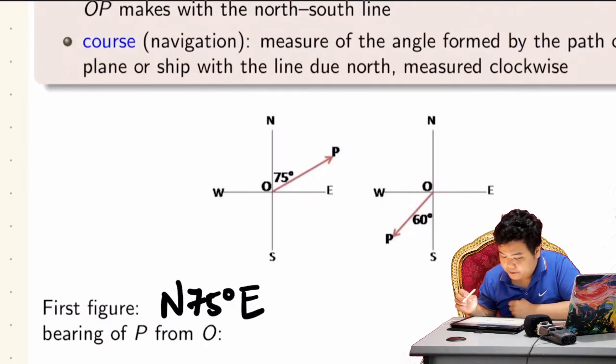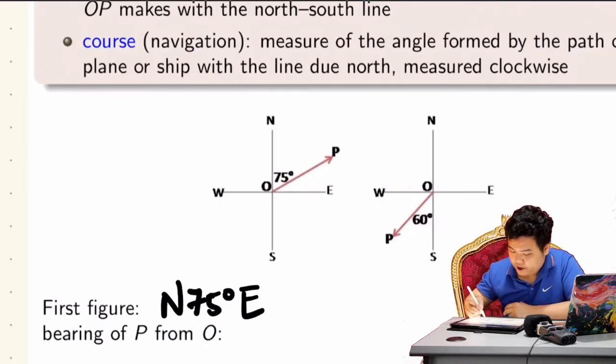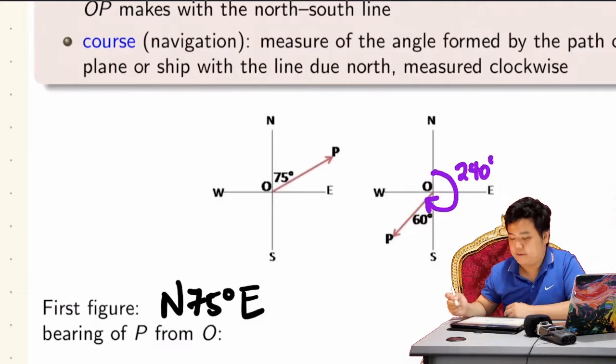Course ng P. So, yung course ang measure, ito. So, ang course ay, so 60 degrees plus 180, that is 240 degrees. Okay, yung sinasabing course.